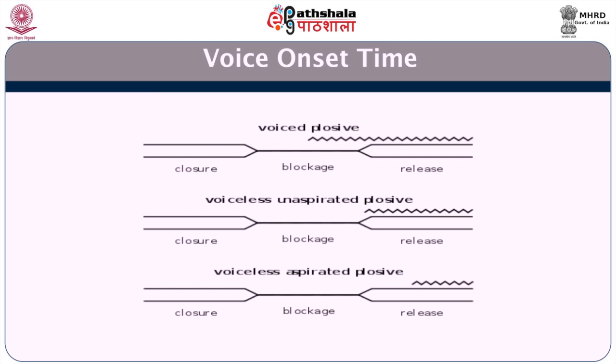For every plosive there is a closure phase when the lips are closed, pa or ba, and then if the vibration starts during the block, when the lips are still closed, if the vocal cords vibrate, then you generate what is known as a voiced plosive, which is bha or dha or gha.